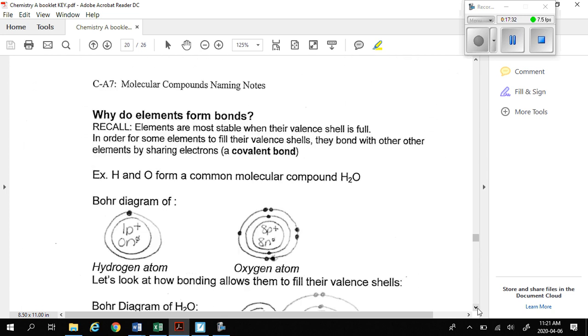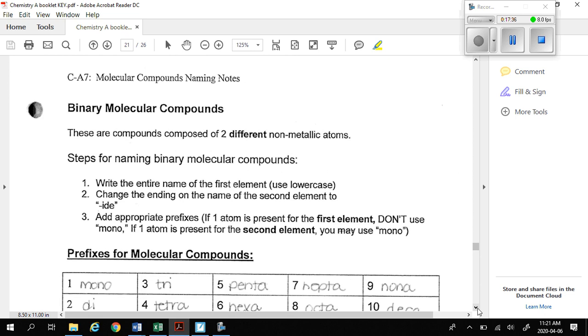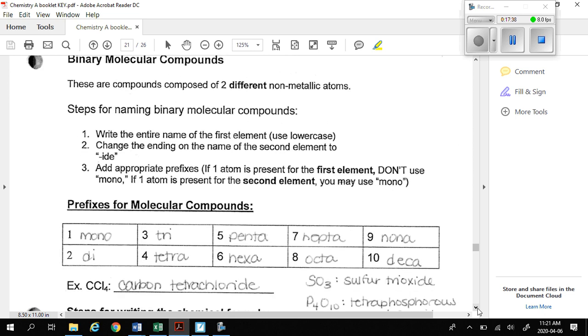So the way that we would name that, let's see if it'll let me do this now. I like that it's making my writing way better. So carbon, and again, the other word was oxide.